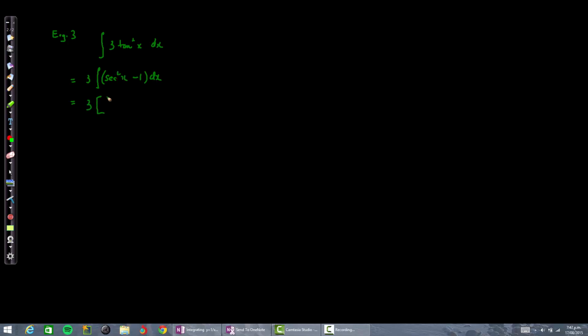Integral of sec squared is tan. Integral of negative 1 would be minus x, and our constant. So final answer, 3 tan x minus 3x plus c. Okay, so there's 3 examples.